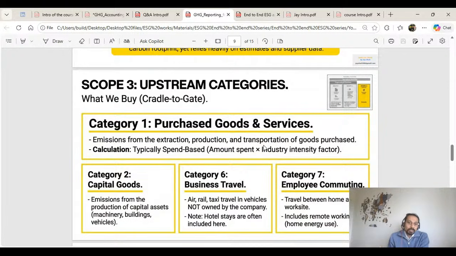When you are doing scope 3 emissions for category 2, the GHG Protocol says you have to report those emissions which are not calculated or reported in scope 1. So here, emissions from the production of capital assets means, if you are in a construction company and you are using a JCB, then that is your capital machinery. You have to calculate the emissions related to the JCB's parts and where the JCB comes from. If you are using steel in your construction or any product or service, then you have to disclose the steel-related emissions.